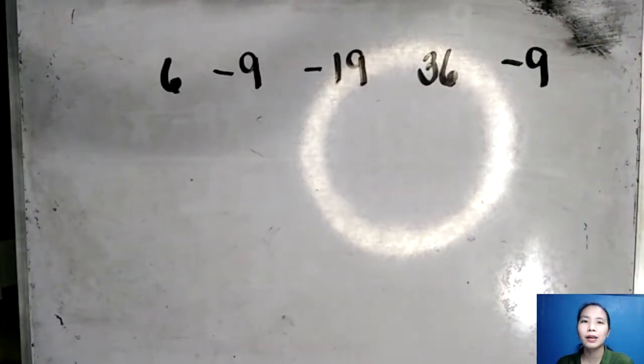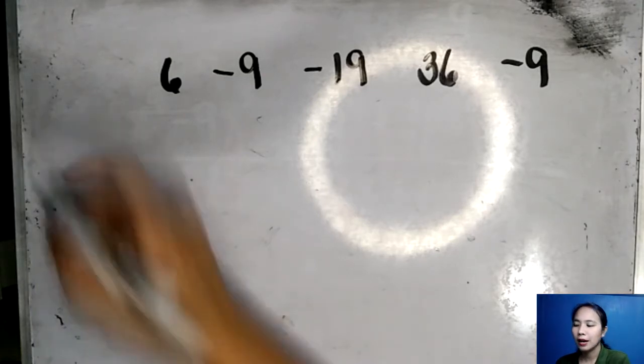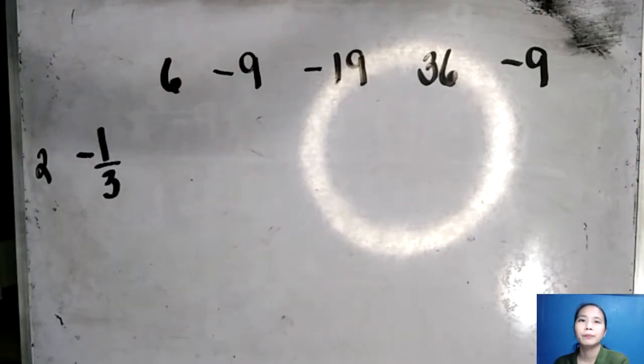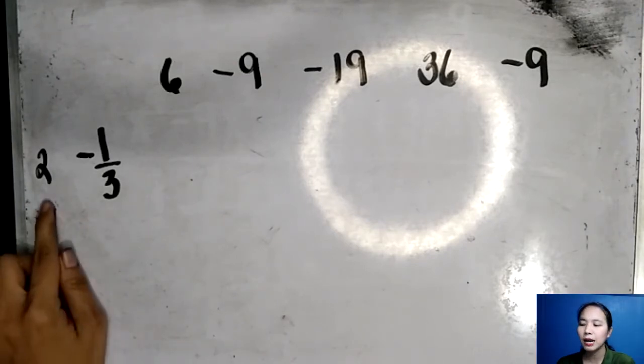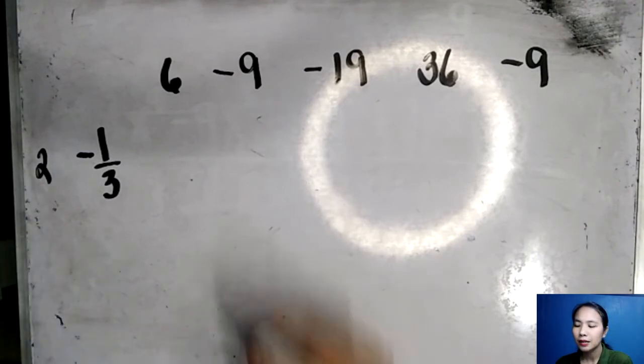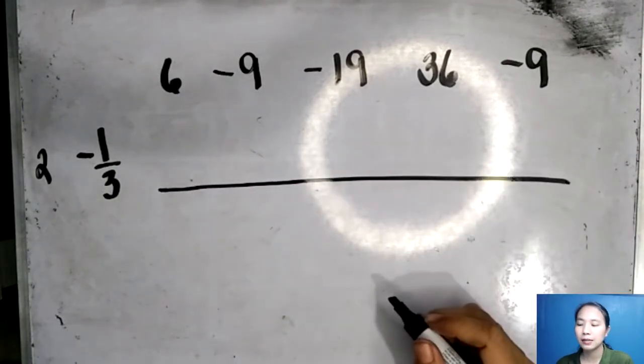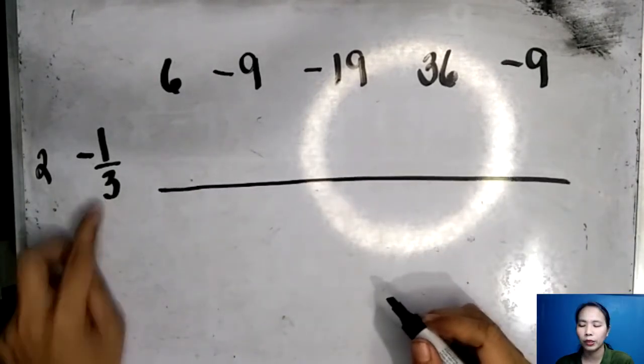Then sa ating given kanina, ang ating dalawang terms na gagamitin for constant divisors ay 2 and negative 1/3. Ito ang ating ikalawa at ikatlong terms. Binago natin ang sign para makuha natin ang ating gagamitin na constant divisors. Now, magkakaroon tayo ng iba't ibang rows para sa ating 2 at negative 1/3.